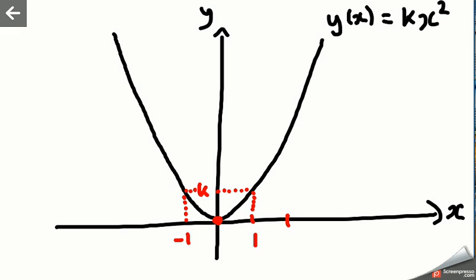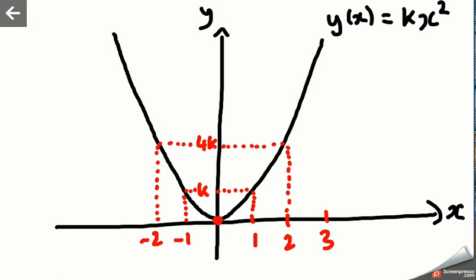When x equals 2, what is it that comes out? We get y of 2 equals k times 2 squared, which is equal to k times 4, so 4k is what comes out of our parabola. The same happens when you put negative 2 into the function, for the same reason. And finally, we'll plot x equals 3.